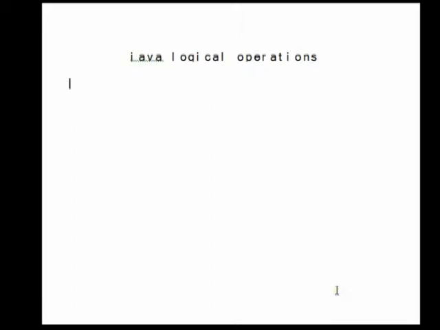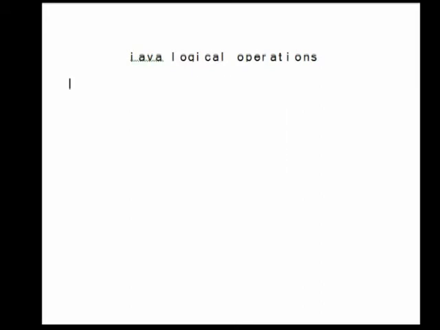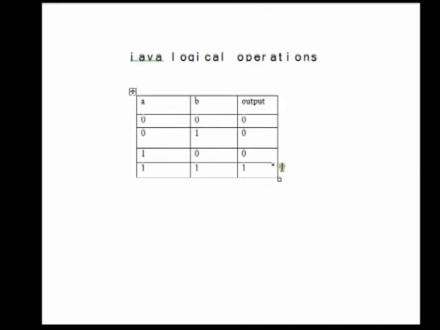Okay, so for the AND statement, we always need to remember the AND truth table. We've got two inputs, where 0 means false and 1 means true.